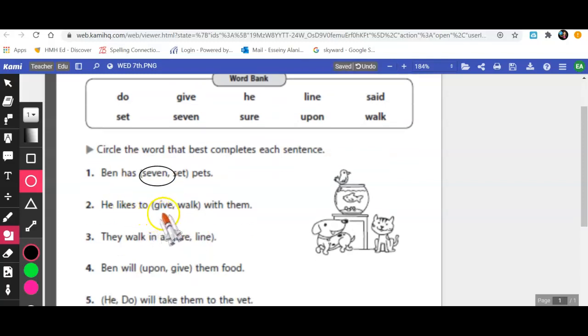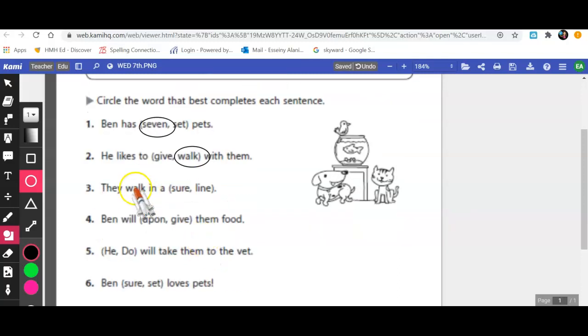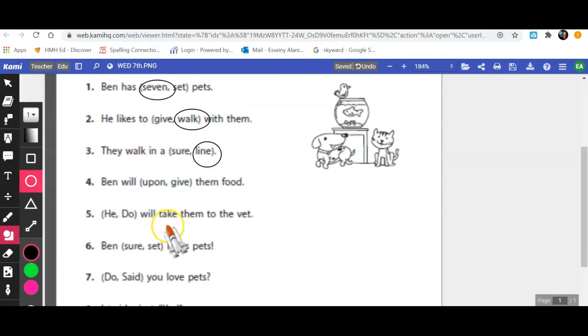He likes to walk with them. Walk makes the most sense. They walk in a line.